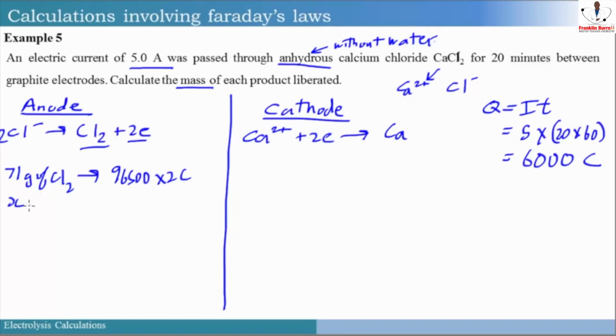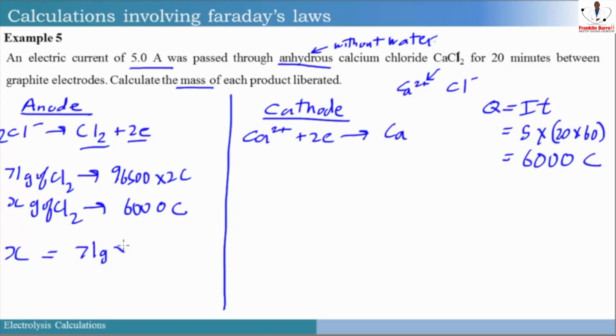And X grams of chlorine would be produced by 6,000 coulombs. So what's the mass that will be produced by 6,000 coulombs? Now we're going to cross multiply.